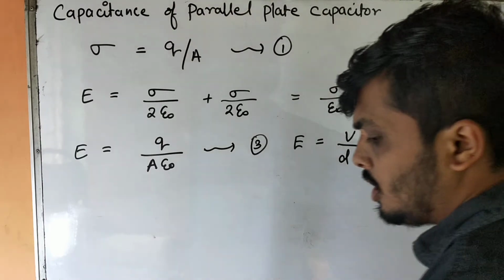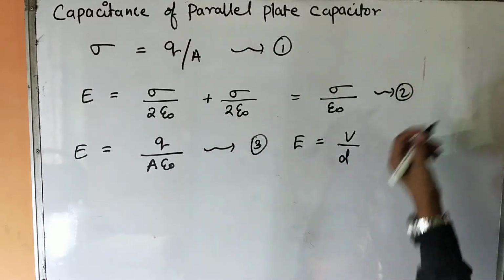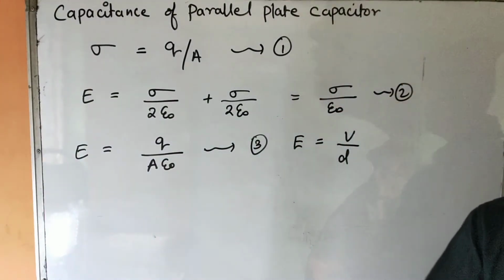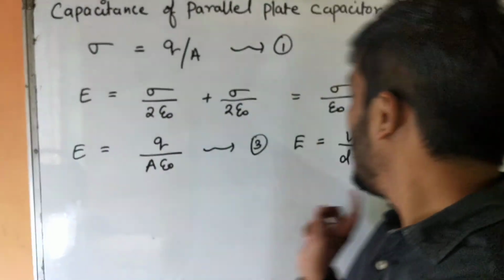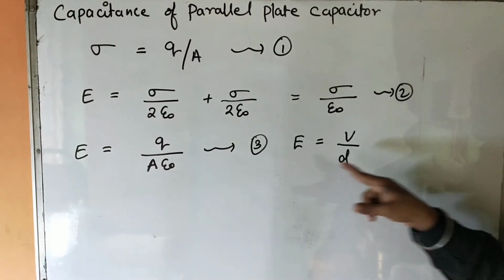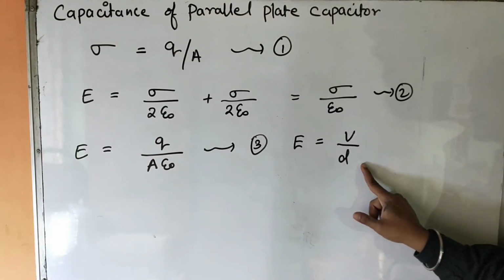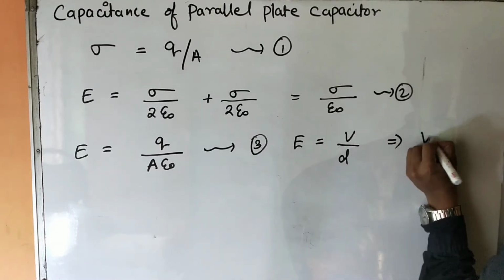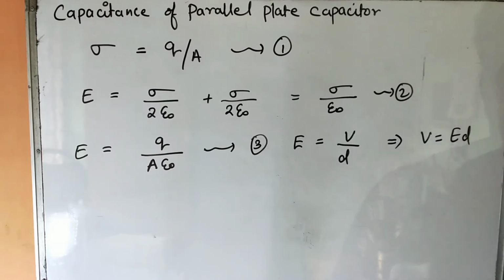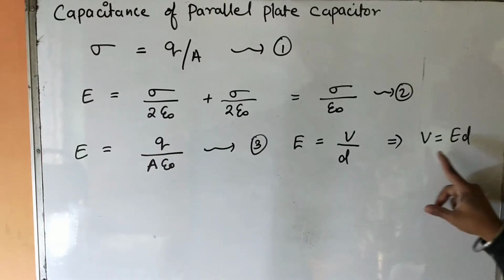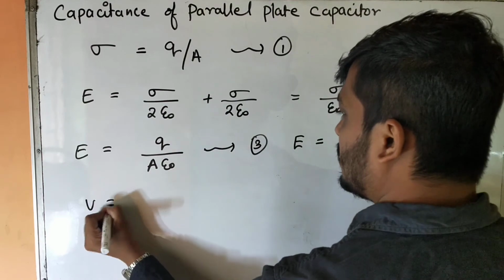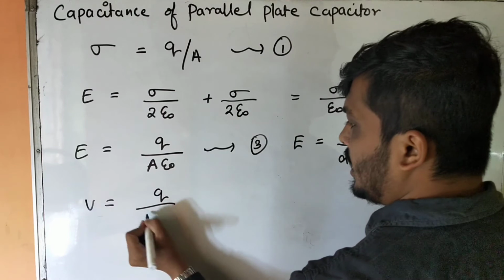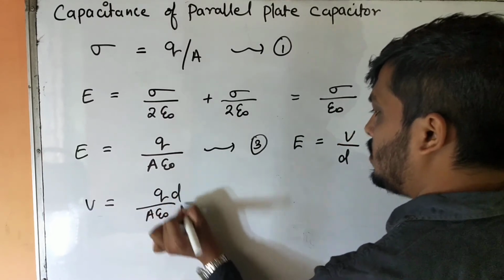Already you know the expression for the electric field, 1 upon 4 pi epsilon naught Q by R square, and for electric potential it is 1 upon 4 pi epsilon naught Q by R. The only difference was that here we had R square, and for potential we had just R. So V will be E into D. What will be E here? From this equation, Q by A epsilon naught, into D.